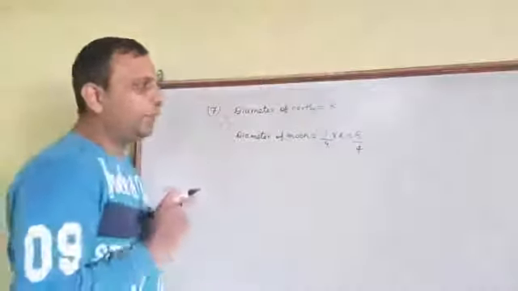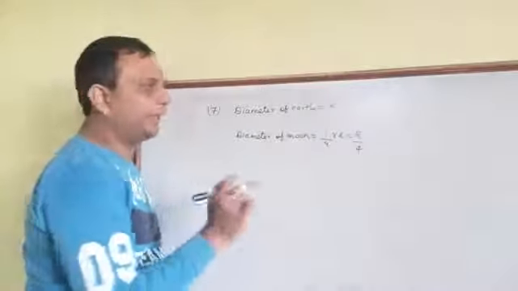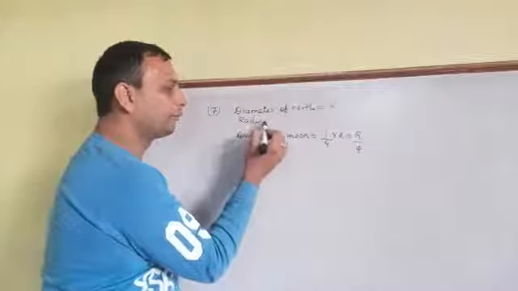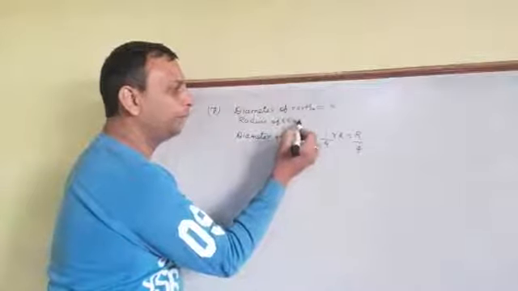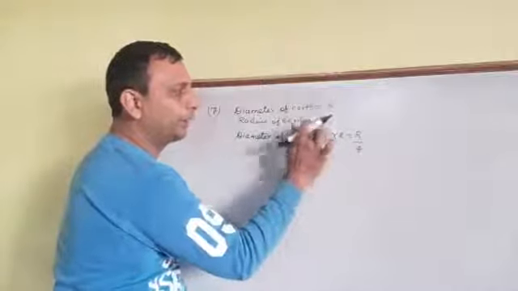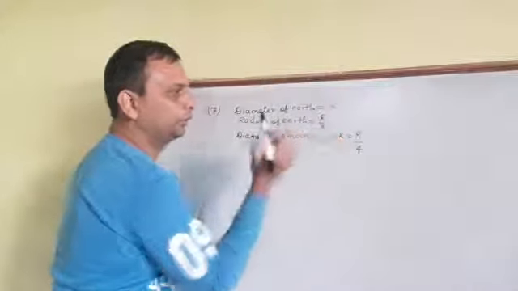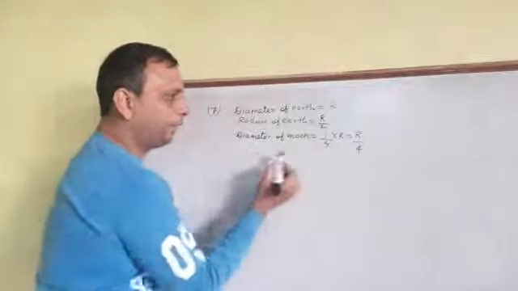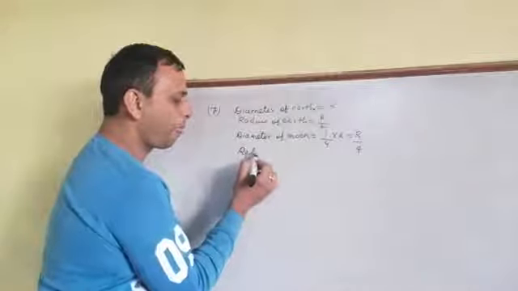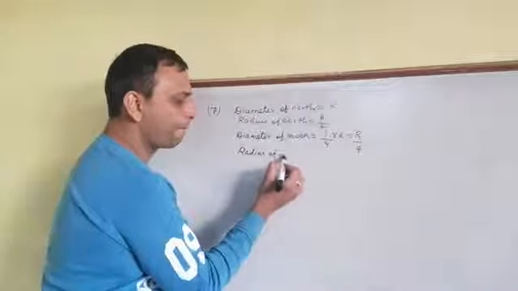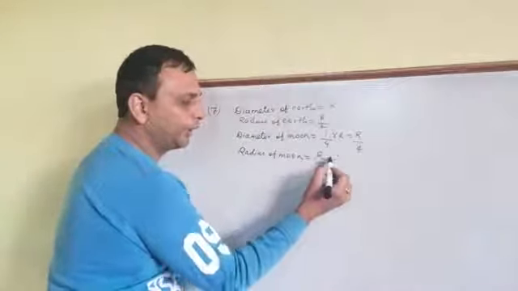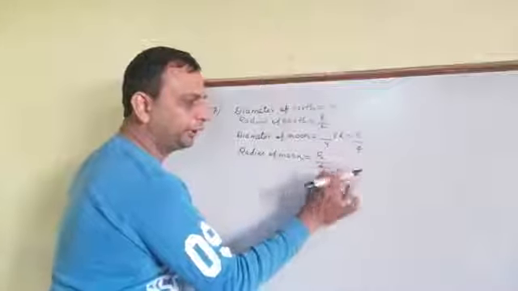Now, with the help of the diameter, we cannot find the surface area. We need the radius. If the diameter of the earth is r, then obviously the radius of the earth will be r/2, because half of the diameter is the radius. Similarly, the diameter of the moon is r/4, so the radius is r/4 divided by 2. I am writing it in direct form so that you can understand.